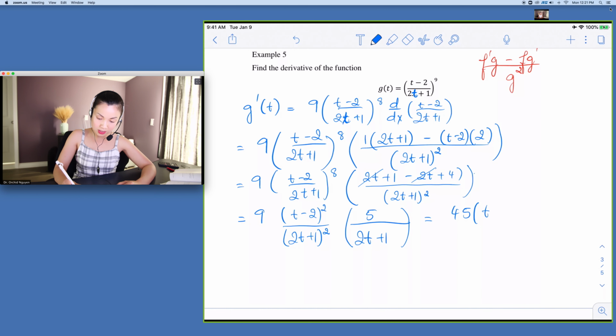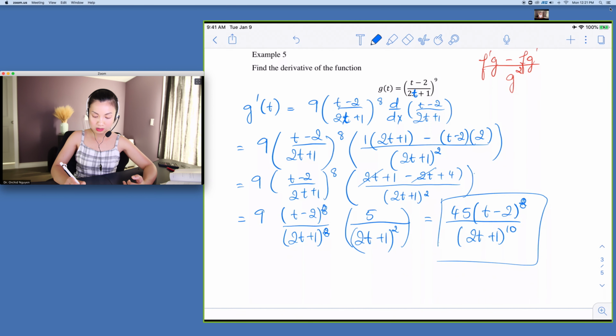And then I have t minus 2 squared over, and on the bottom, I'm so sorry, it's supposed to be 8. So on the bottom, I have 8 plus 2, so that's 10. And that's my final answer.